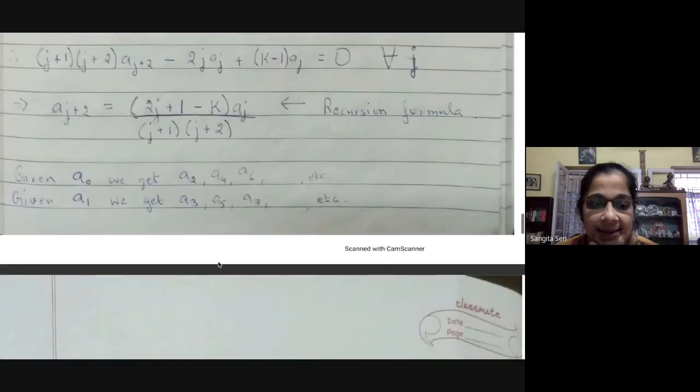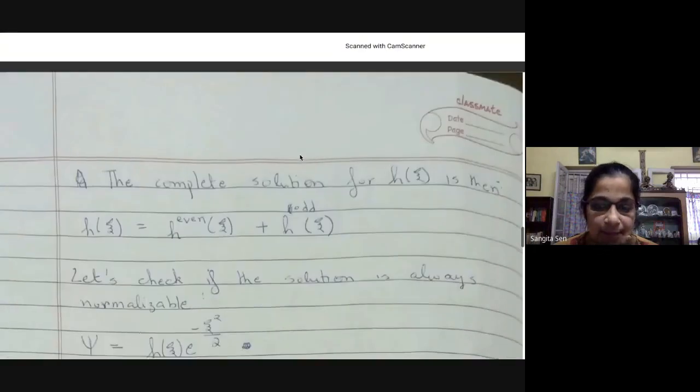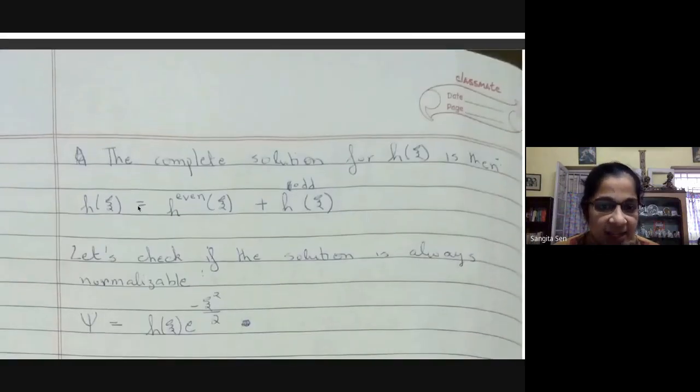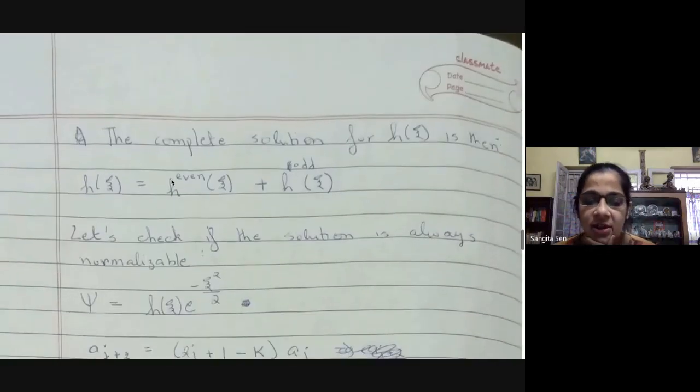And so there is a natural split between the odd powers of xi and the even powers of xi. So H(xi) can then be written as a sum of some function with the even powers and some function with the odd powers.